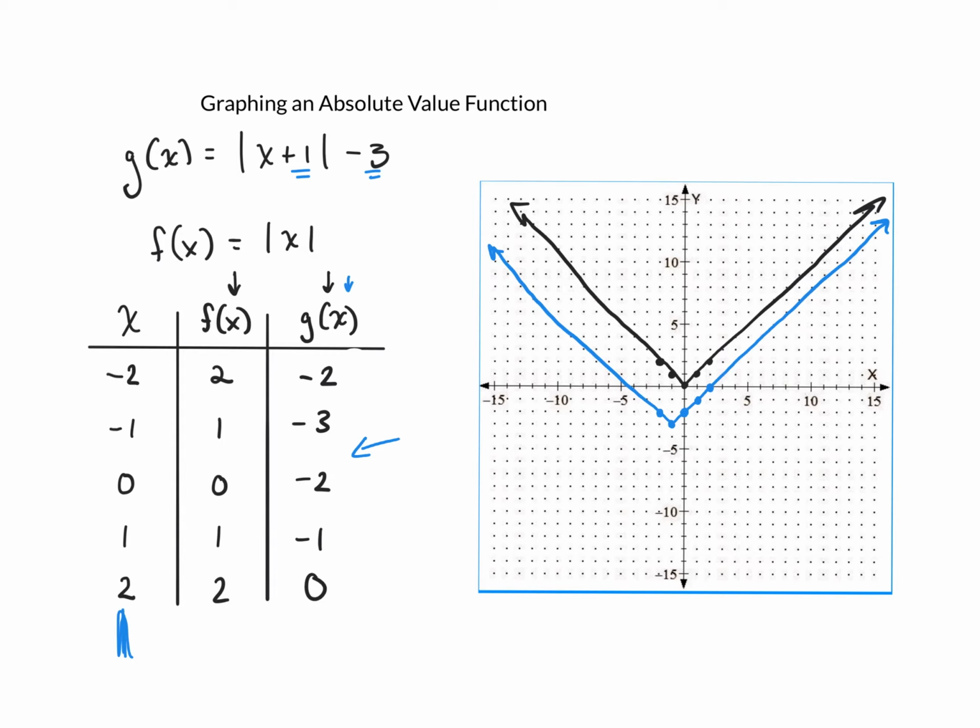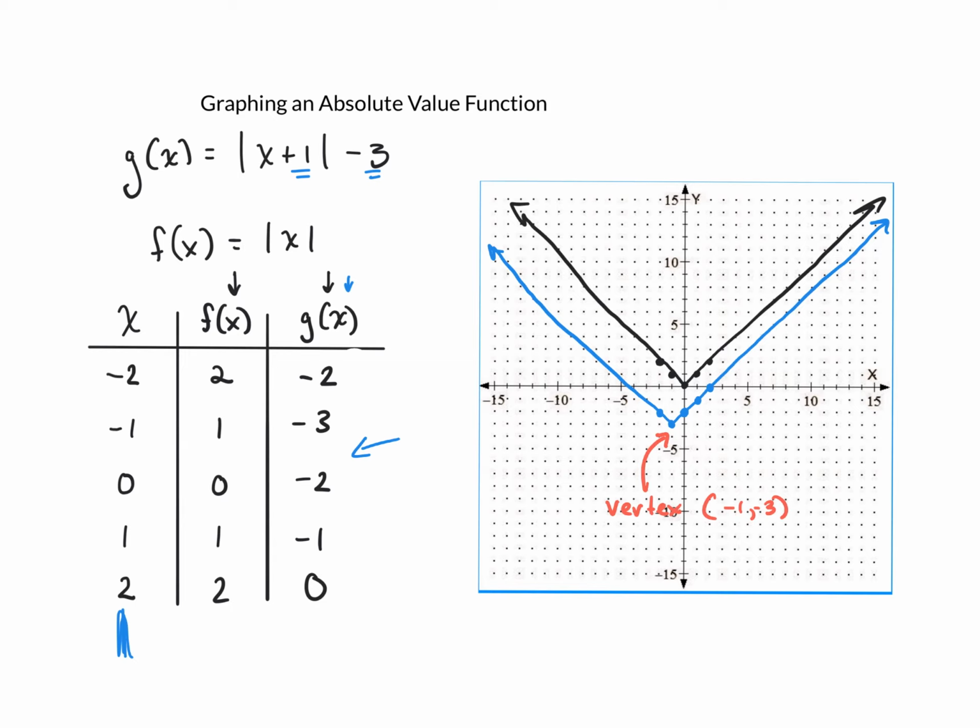Because if I go look at what we call the lowest point of this function, which is called its vertex down here, the lowest point of an absolute value, or the highest point, it's just the point where the two rays meet, is called the vertex. And the value of that vertex is the point, actually, negative 1, comma, negative 3.